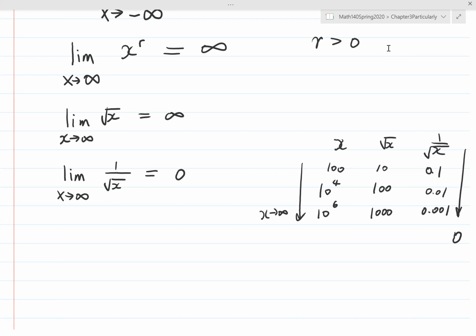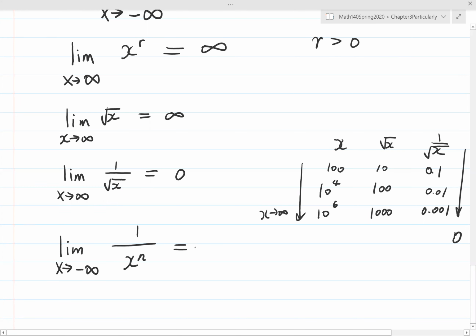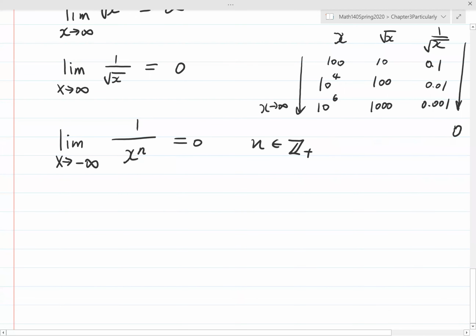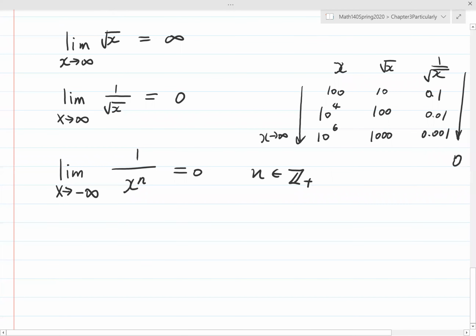To avoid this situation, we use n to be positive integers, so we don't have the issue of taking the square root of a negative number. Z plus means positive integers.